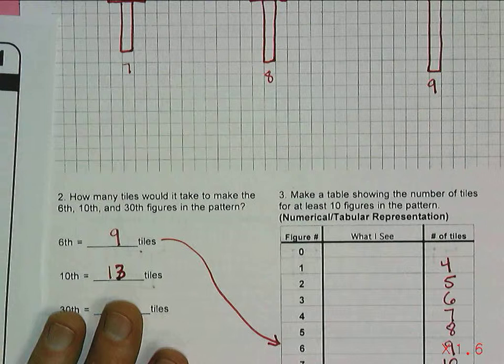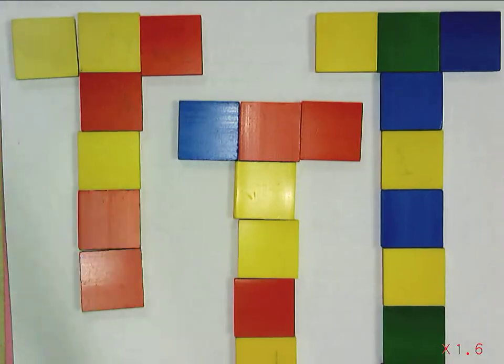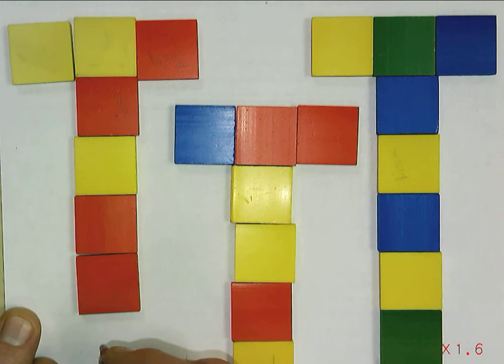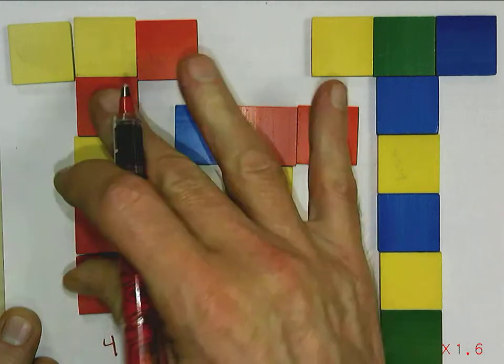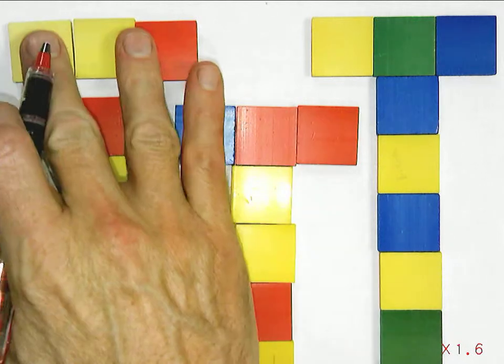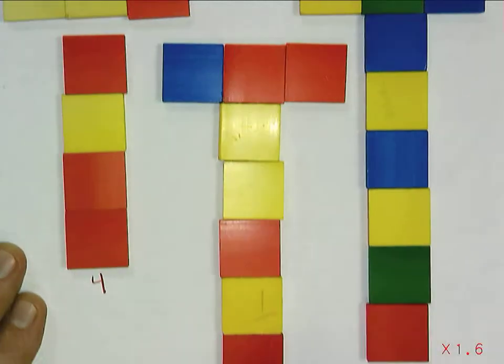And so now I'm going to go back to what I see in these problems, and you probably already saw this. I'm sure you're way ahead of me. Because this was figure 4. What I see is the 4 here and the 3 on top. And then figure 5.